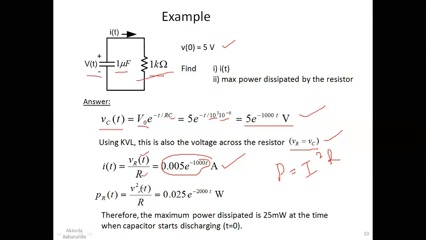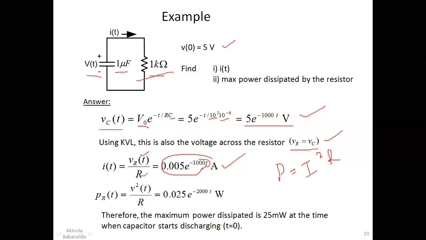Since you have your I, you can say it will be equal to 0.005 squared multiplied by 1000, which is what we have. If you multiply by 1000, it simply means that this becomes exponential 2000. This is how this 1000 became 2000, because they multiplied by 1000.